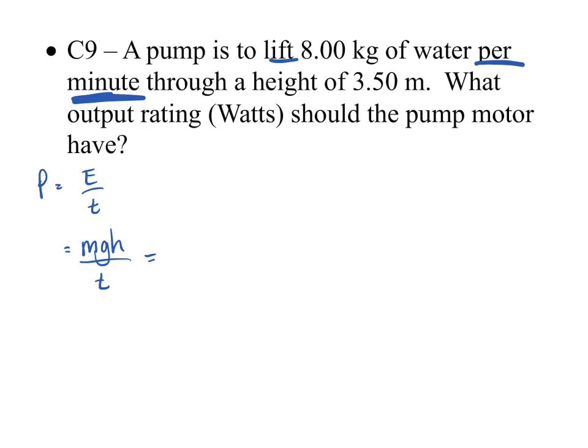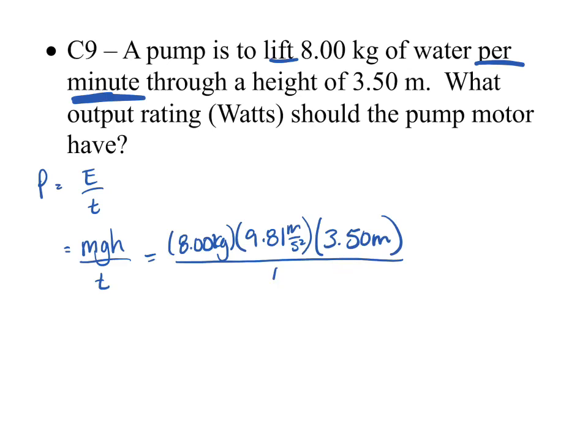So our time would be 60 seconds, because we always need time in seconds. It's lifting up 8.00 kilograms of water, working against gravitational acceleration, 9.81, up to a height of 3.50 meters, and it's doing that every 60 seconds.